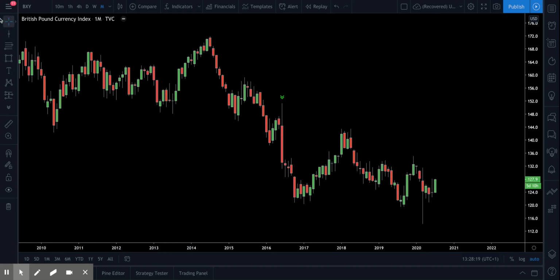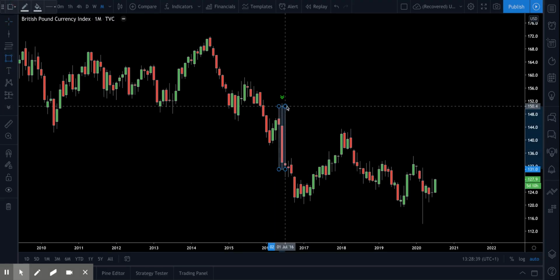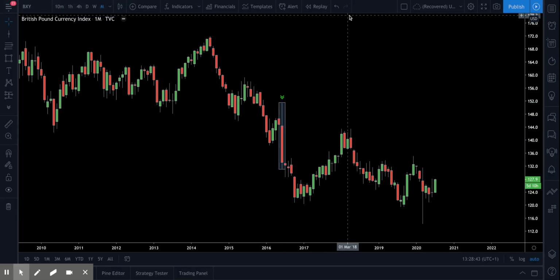So the British Pound Currency Index is showing the value of the British Pound as a whole versus all the other currencies weighted in favor of the British Pound. And as we can see, consistent new lows are being found. And this is clearly indicated, right? You can clearly see the dramatic effect of Brexit with much more volatility and momentum than your usual bullish or bearish candles.